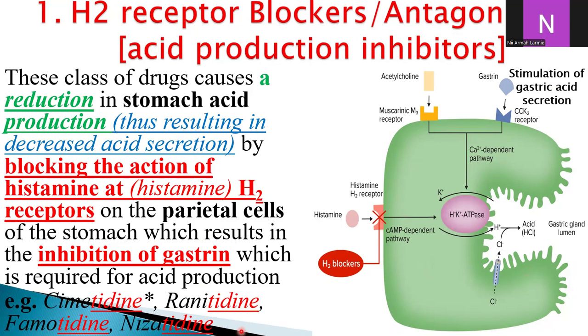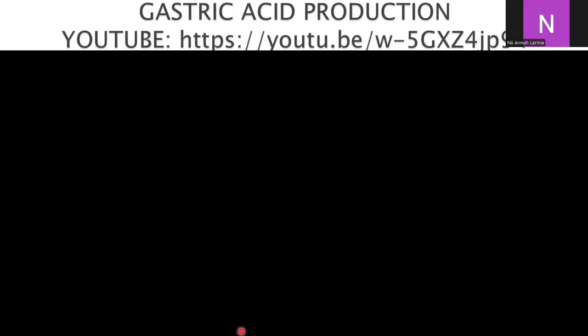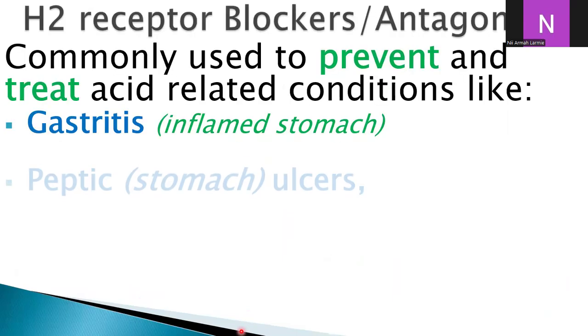So these are the tidines, the H2 receptor blockers. And various examples, as we stated earlier, are cimetidine, ranitidine, famotidine, and nizatidine, identified by the suffix "tidine."